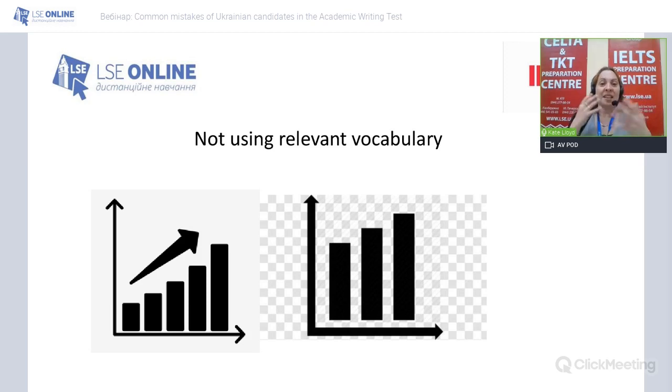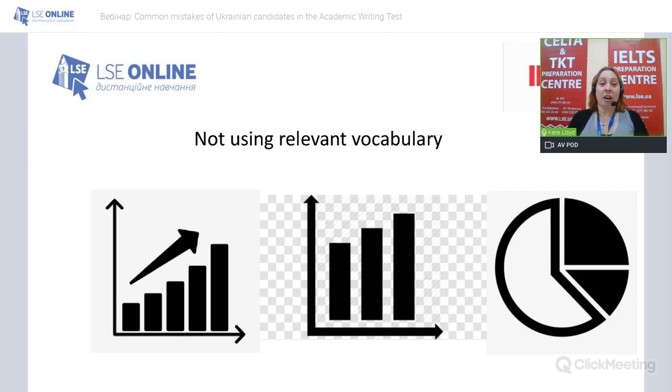But this is slightly different again. If we get a pie chart, we now need language about proportions, the vast majority, tiny minority. There's lots of relevant vocabulary that we need to describe graphs that we have to learn in order to get a good score.